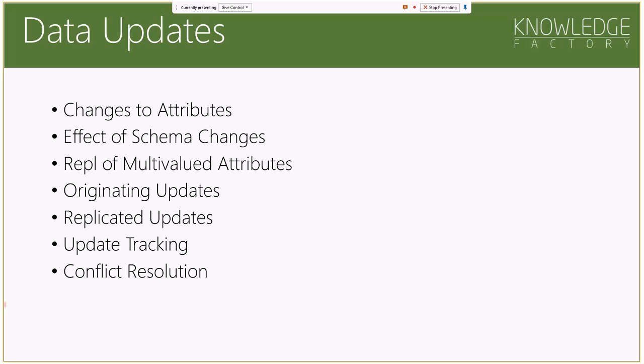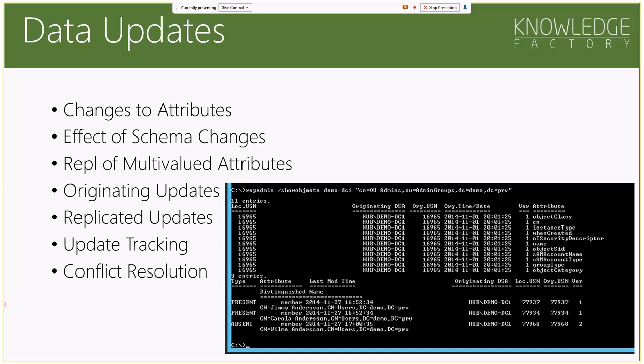So if you use the command repadmin /showobjmeta, you will see all three things here. I talked about groups. This is repadmin showobjmeta, which DC I'm asking, and the group name is OU admins.